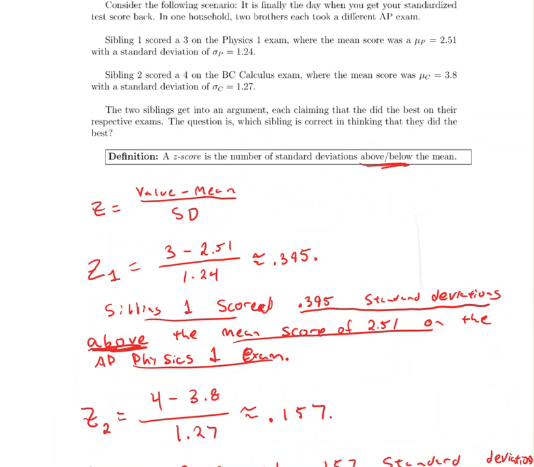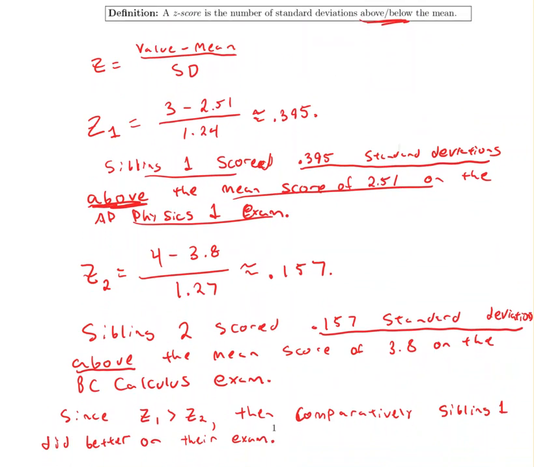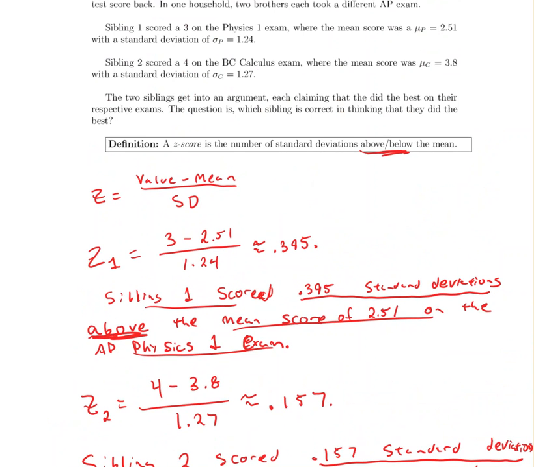So even though sibling 2 did have the higher score, comparatively, sibling 1 did better. So it's not as clear-cut an answer when you think about it comparatively, because these are two different exams. Their grading scales are slightly different. So compared to how other people did, sibling 1 did pretty good.